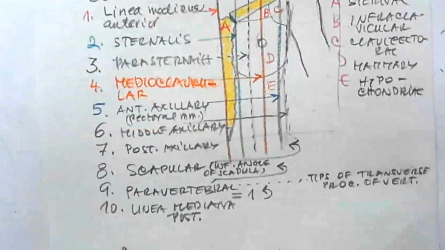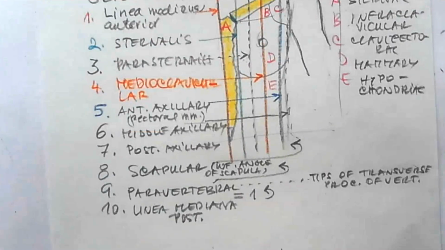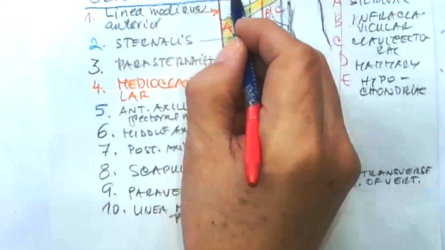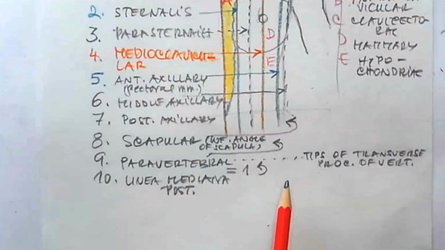Then we have to speak about the projection of the position of the pleura, that means parietal pleura, and visceral pleura, that means lung, on the anterior wall, or not anterior and posterior, better to say on the walls, because on both.